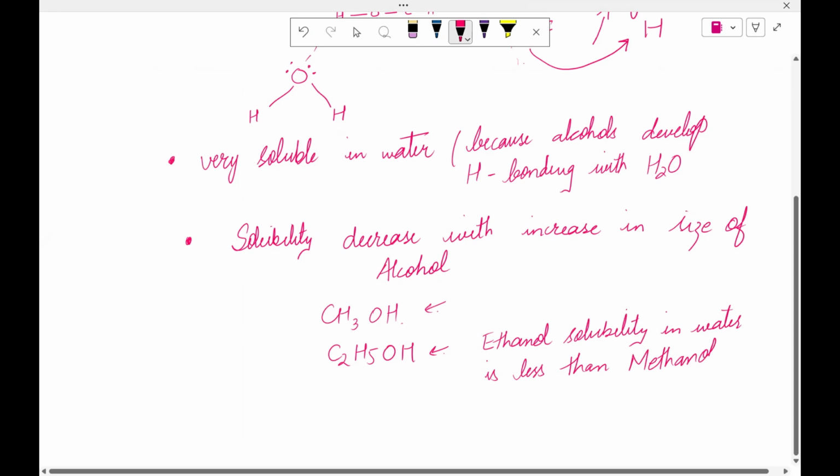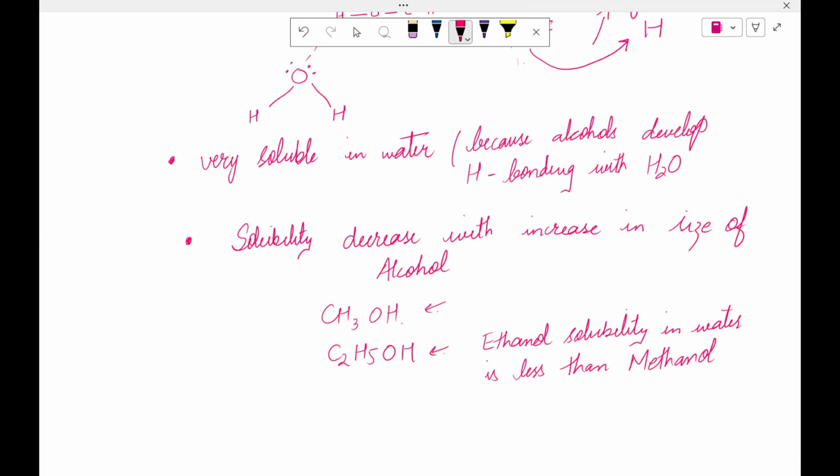That means as the mass gets bigger, the solubility in water decreases.